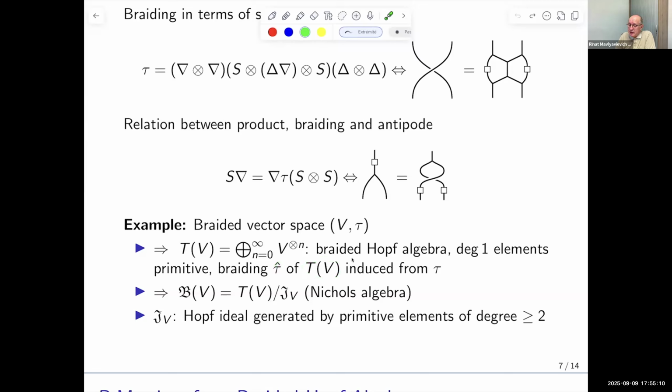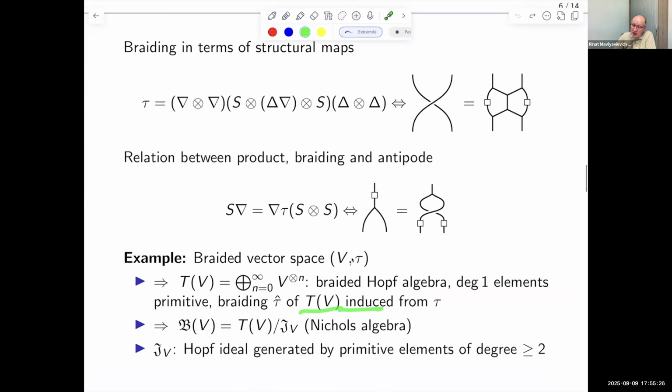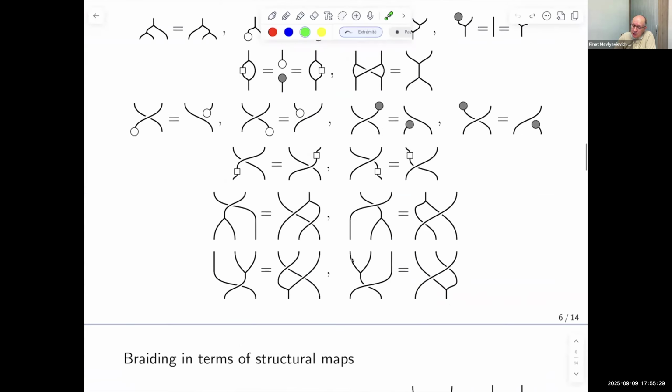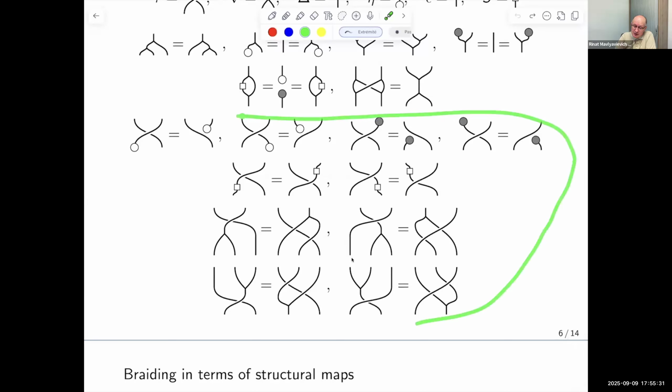It is induced from the input tau here, which means that the restriction of this tau hat to V coincides with tau in particular. But the induction to the rest of the space should be done by respecting all these kinds of relations. So in particular, if you have a braiding for generating elements, then you can create the braiding for a product of such elements by imposing this relation.